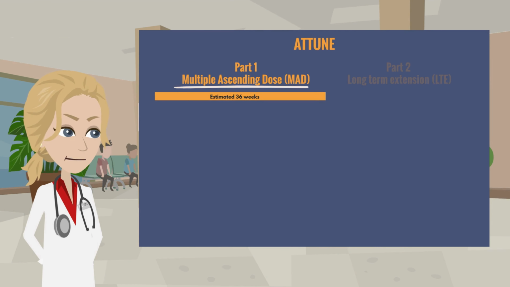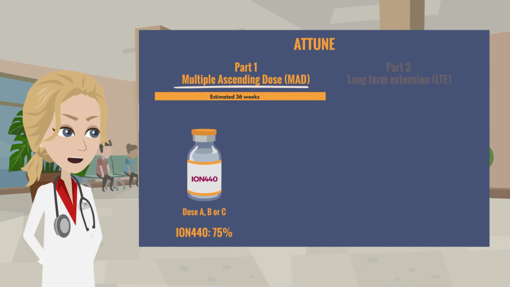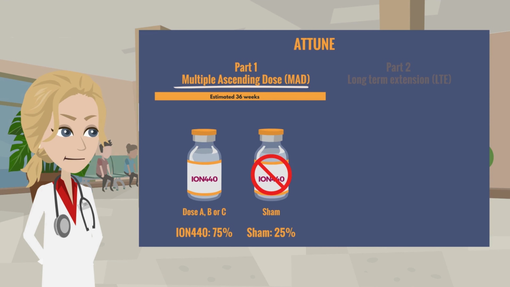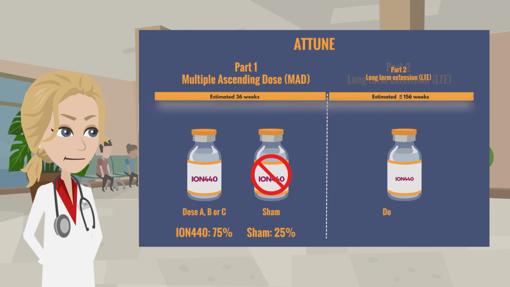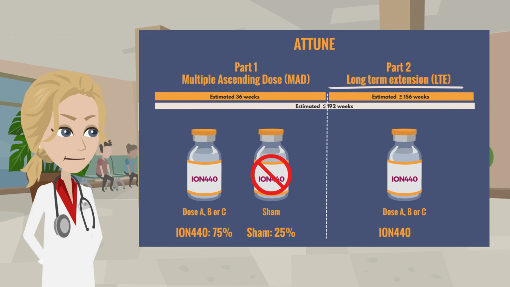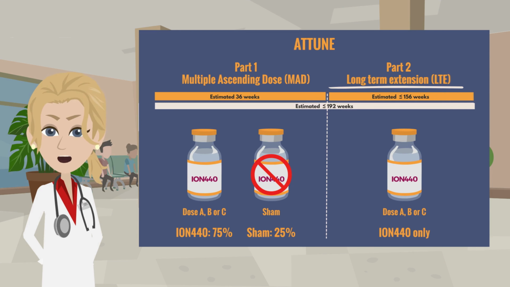As you may remember, in Part 1, 75% of participants will receive ION 440, while 25% of participants will receive a sham. For Part 2, all participants, regardless of whether they are receiving ION 440 or sham during Part 1, will automatically move to the cohort-associated dose. Let us illustrate that with an example.